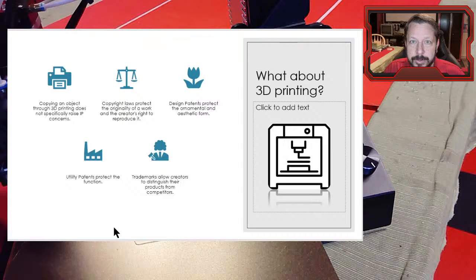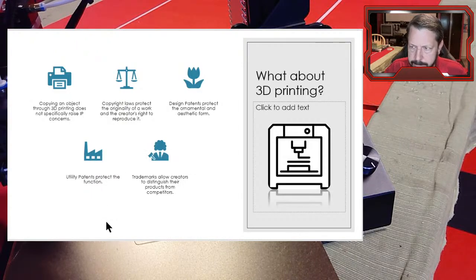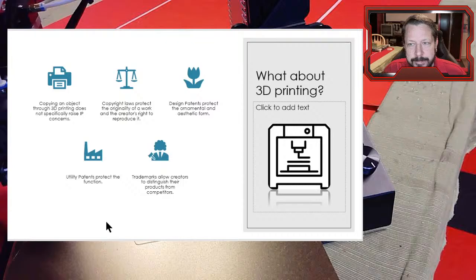I know how to do some SolidWorks modeling, and so I've modeled up this whole part, but it's an exact copy, my version, of a part on the car, and it was a patented part on the car. That's the key, that it's a patented part. Then what happens? If I use the part on my own car, have I created any problems? Probably not. If I sell the part on eBay and I start selling thousands of these things, maybe so.